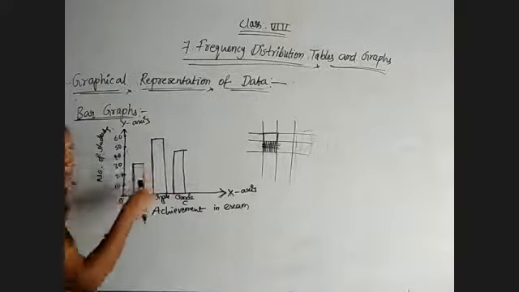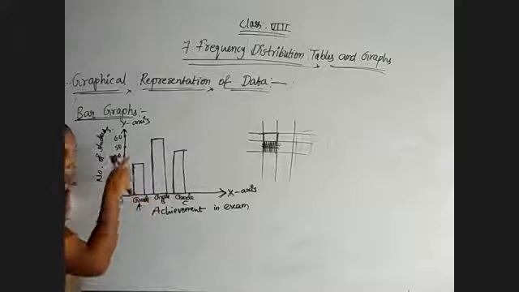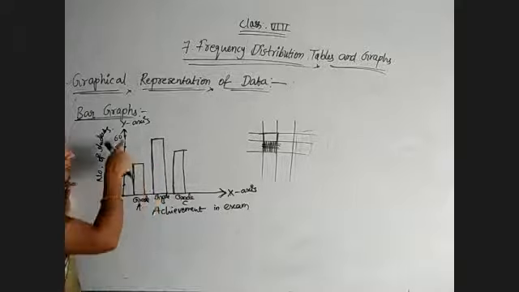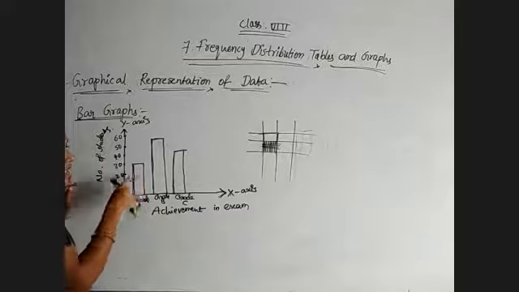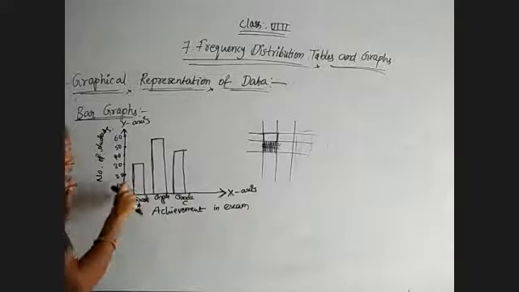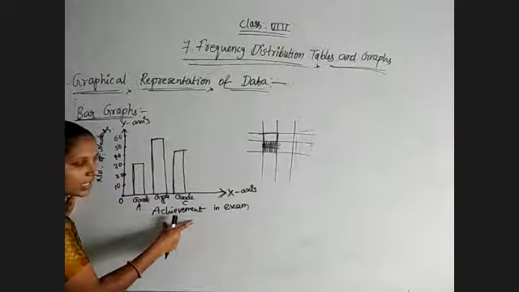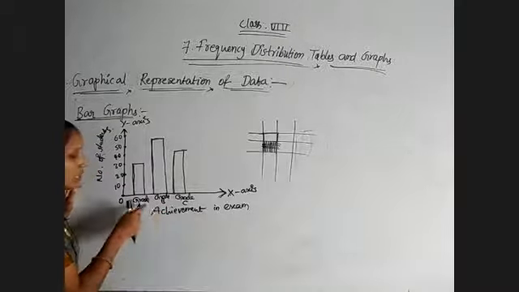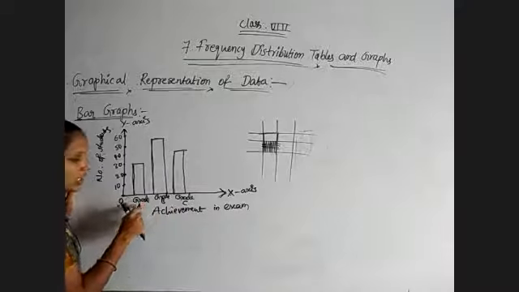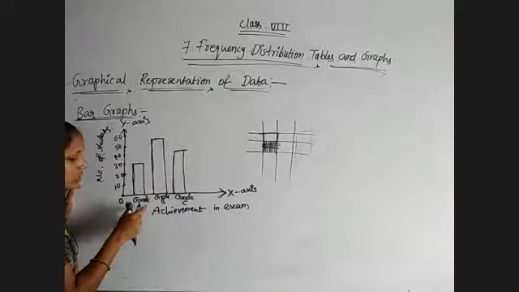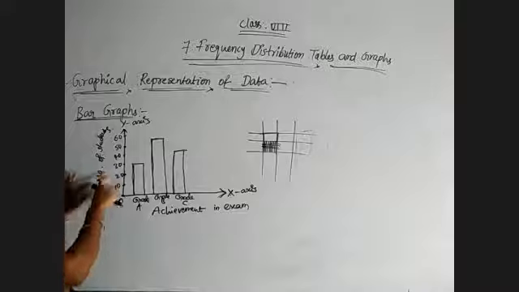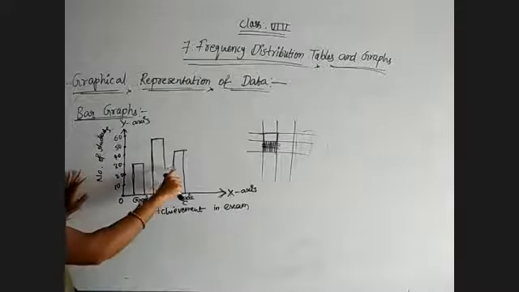Each bar has uniform width. And here data is represented vertically. Bars are represented vertically, parallel to the y-axis, so it is known as a vertical bar graph. In this vertical bar graph, on the x-axis they have marked achievement in exam. The achievement is divided into three types: grade A, B, C. How many students got grade A marks, grade B marks, grade C marks?